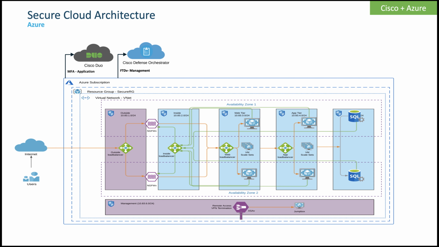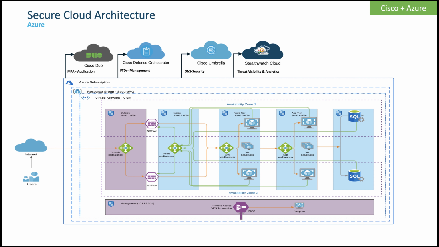Cisco Defense Orchestrator in this CVD is used for Firepower next generation firewall management. So you can create your policies, modify your policies using CDO. Umbrella DNS is available in this architecture for DNS layer security.